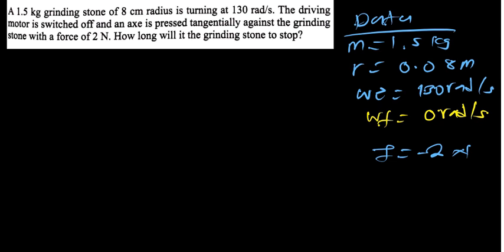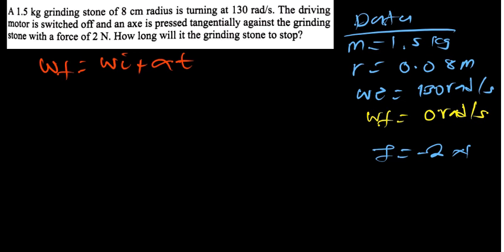Okay, so the question is to find time. Generally speaking, here we can only use this formula to find time, I believe so. Because I can see that I have my final velocity, I have my initial velocity, but I don't have the angular acceleration. But I do have the radius and the mass. I can find the inertia. What did we say?